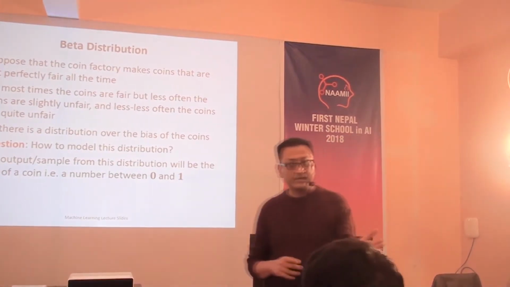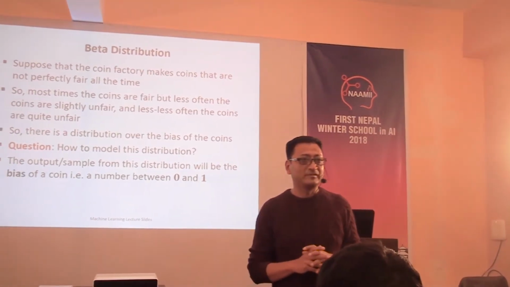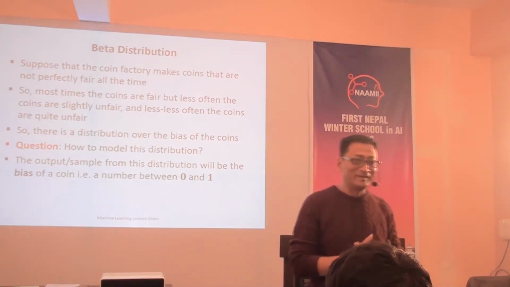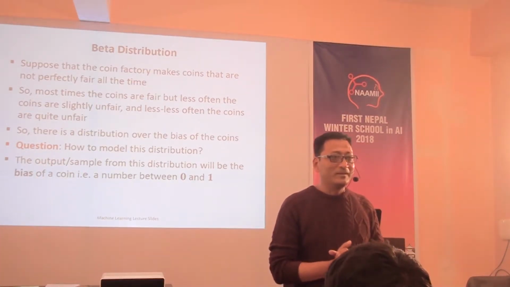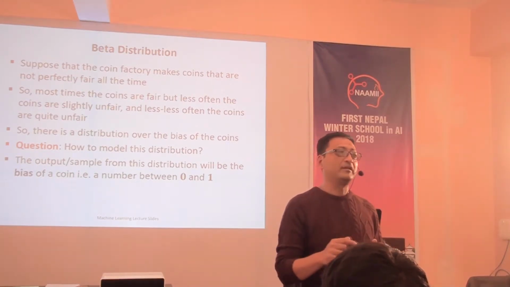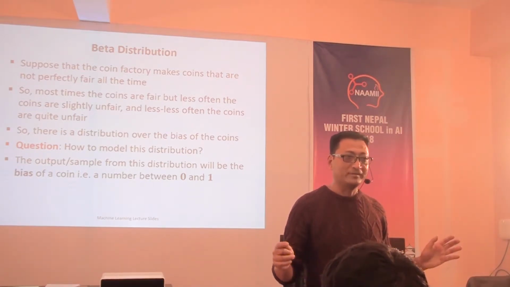So I pick a coin and I measure the bias. Let's say I have some sophisticated way of measuring this bias, which is not that easy to define either. It could be that the bias of this coin was 0.4999999, or it was 0.5000001.